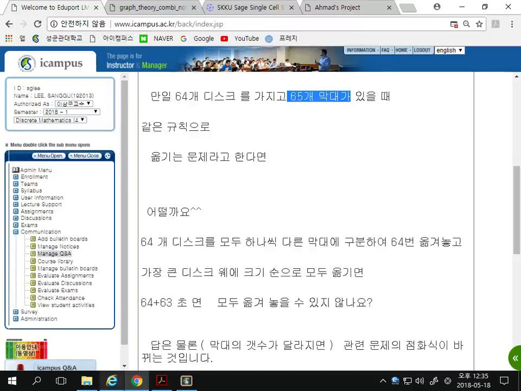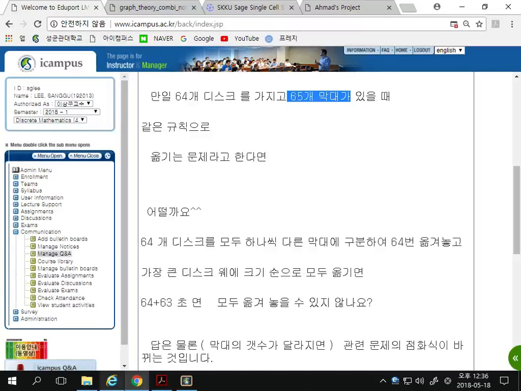Then all you have to do is move the second largest one on top of the largest one, then the third largest one on top of the second largest disk, and next, and next. Then all you have to do is move 64, 65, and then 64. So after 129 moves, the movement from one tower to the other will be done. So we will have a totally different recurrence relation.